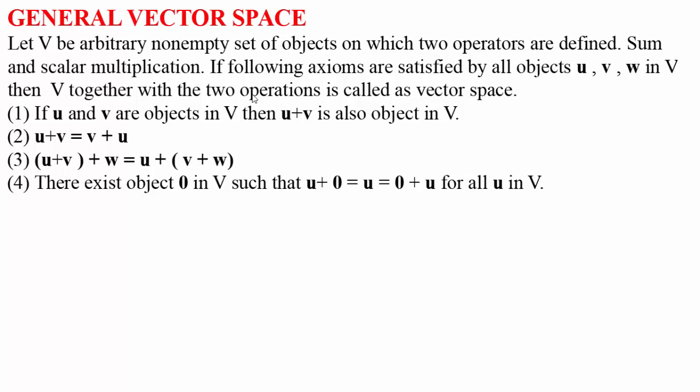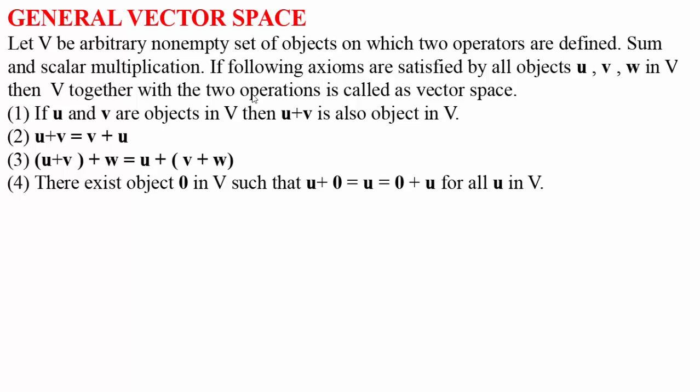Third, (u plus v) plus w is equal to u plus (v plus w). That means the addition of the three vectors or three objects must be associative.